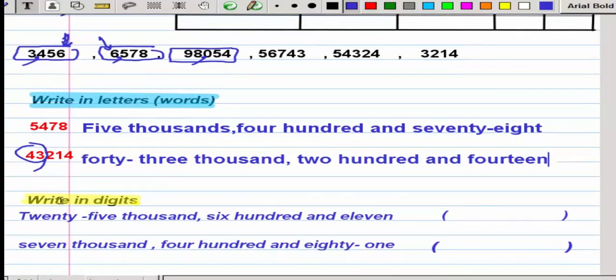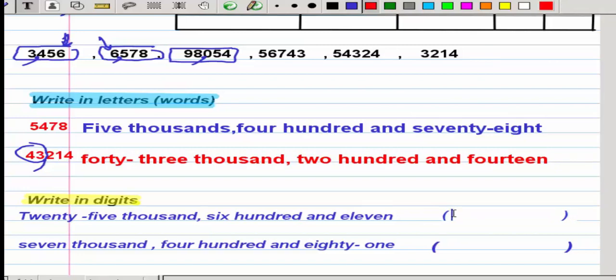Here he said write in digits or numbers. He gave me 25,611. Again, 25,611. He said write in digits.